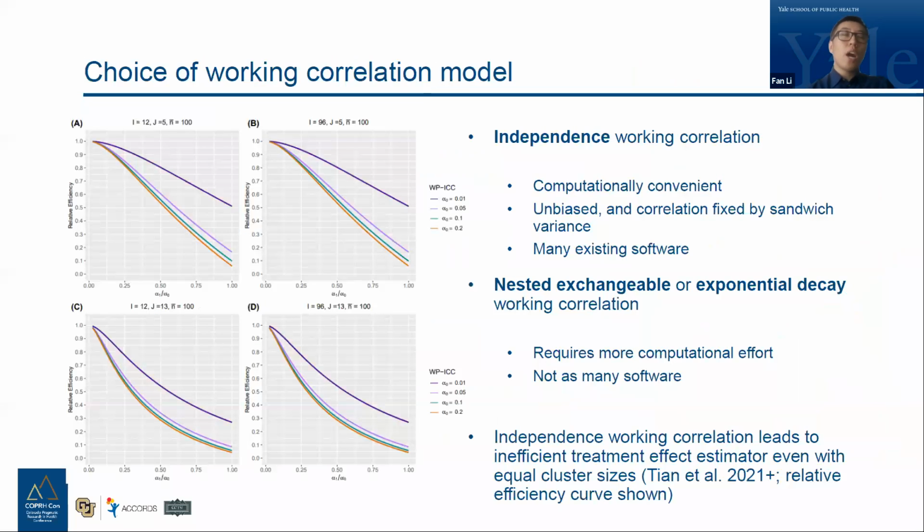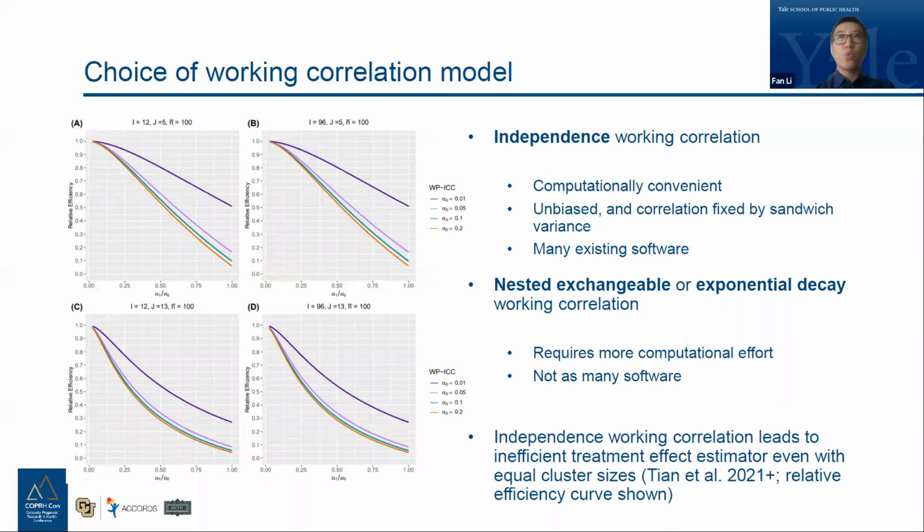So we will be working through each of these points to illustrate the state-of-the-art findings for SW-CRTs. First of all, in terms of the choice of the working correlation model, we can either choose the independence working correlation versus the nested exchangeable or exponential decay correlation model, which may be more realistic because they recognize the time-dependent nature of these SW-CRT designs.